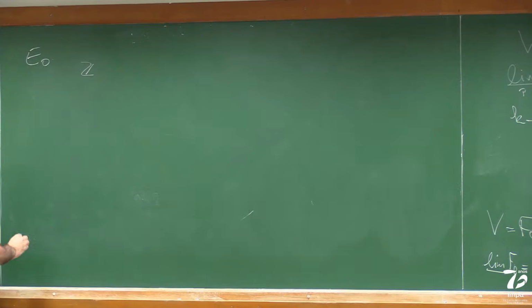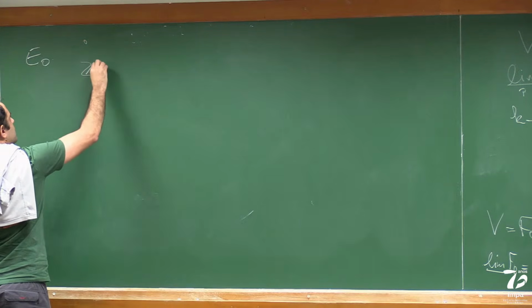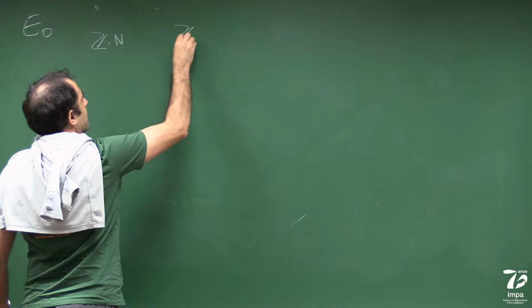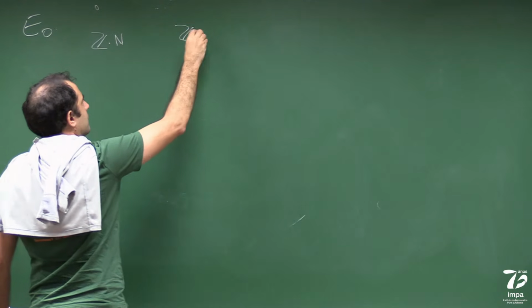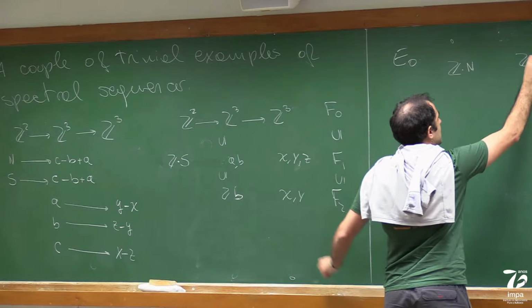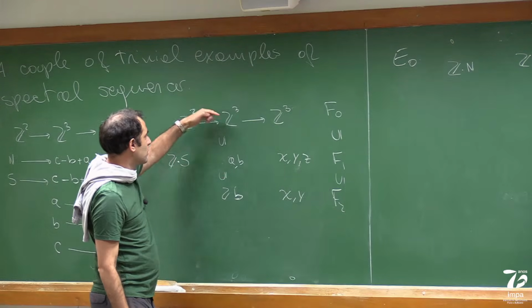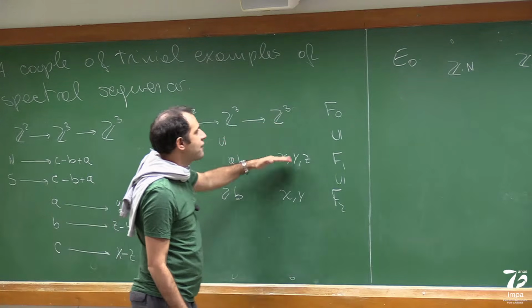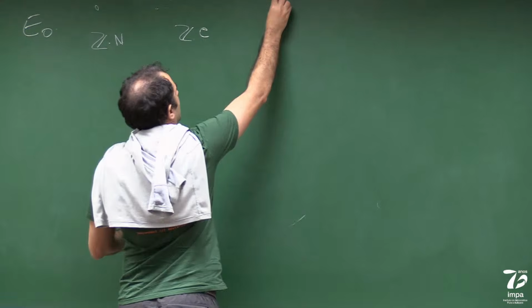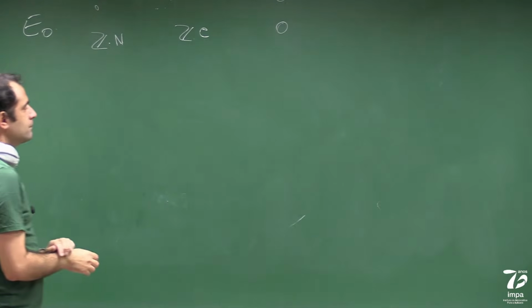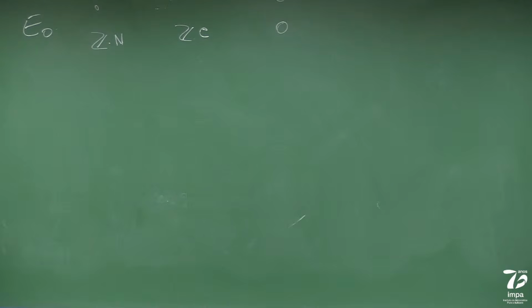So I have Z in degree 2, and the generator is N. I have Z in degree 1, and the generator is C. So I've already killed A and B. So I'm looking at this modulo this. And I have nothing in degree 0. So this is the degree 0 piece in the associated graded.